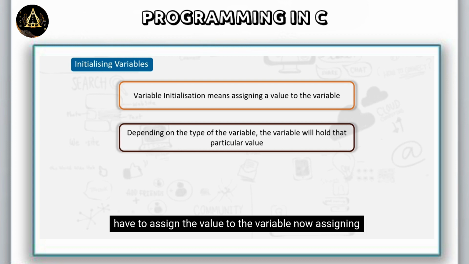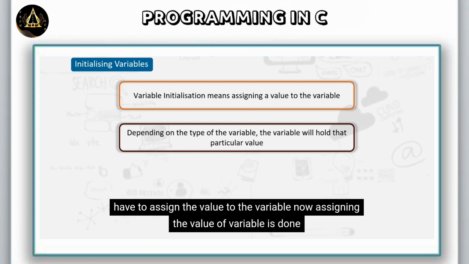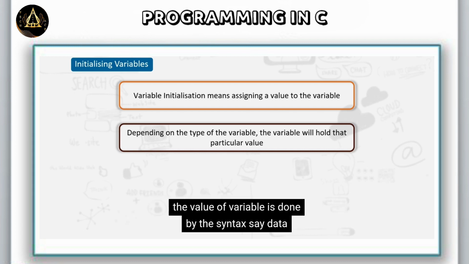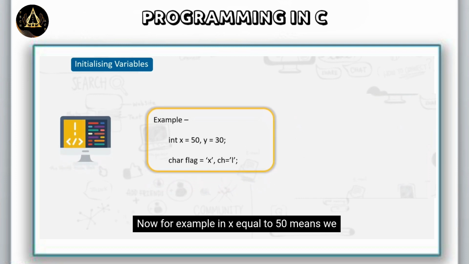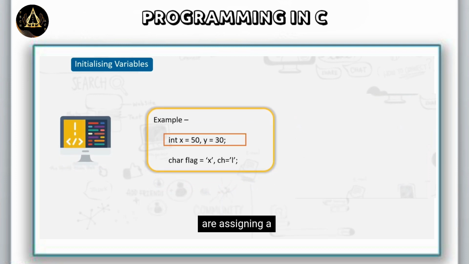Assigning a value is done with the syntax: data type followed by the variable name, the equal to symbol, and the value that we have to assign. For example, int x equal to 50 means we are assigning the value 50 to the variable x of type integer.